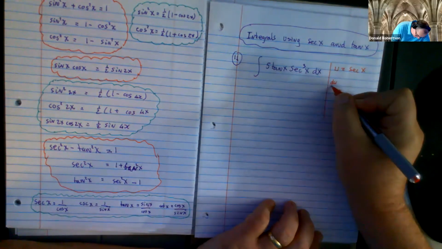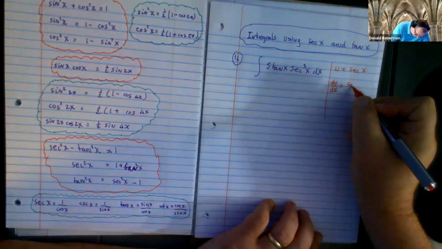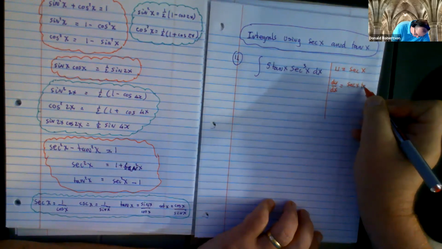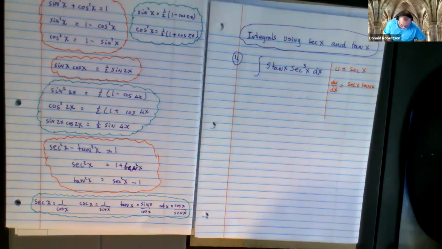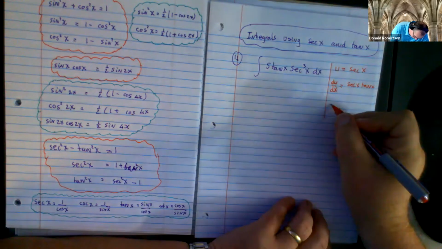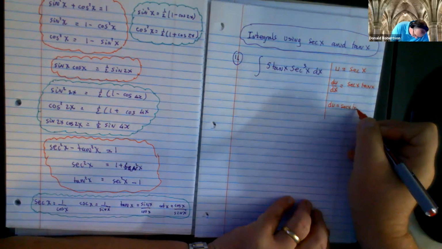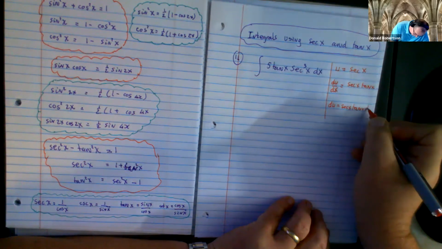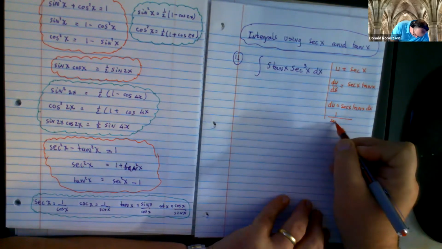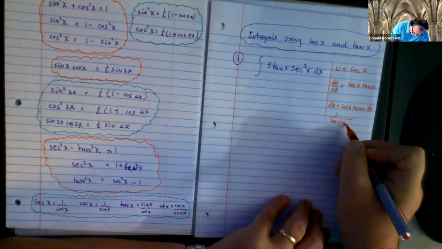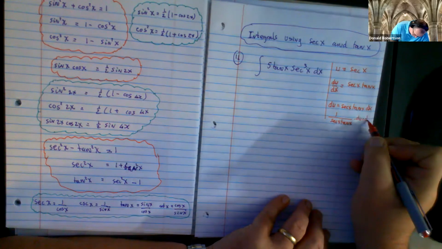Hopefully, you can remember that when you differentiate a secant, you get a secant tan. Now, if you do the crossover, you get secant tan dx. And if you divide by secant tan, you get 1 over secant tan du is dx.